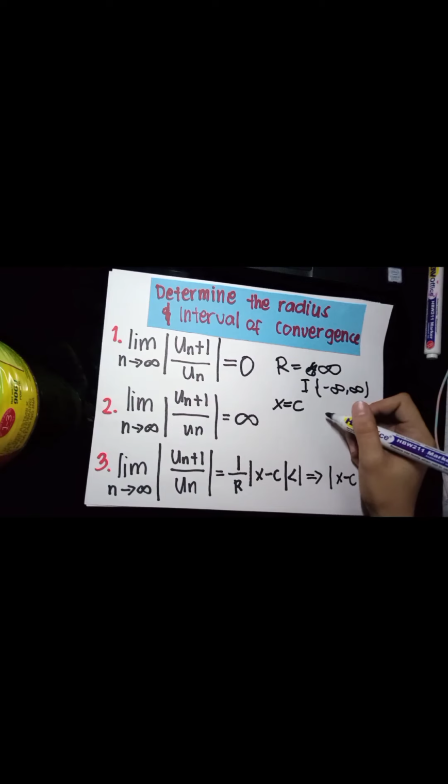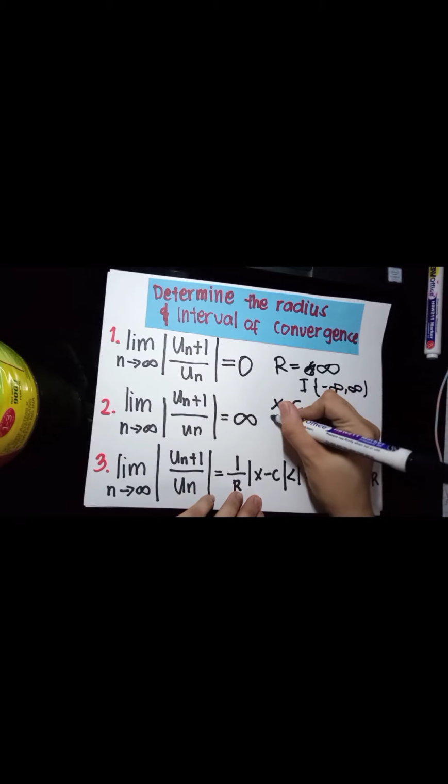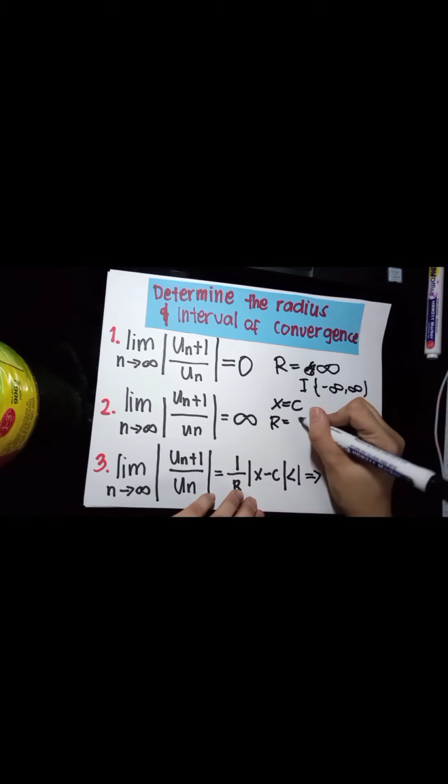But for all other x that is not equal to c, we're going to get infinity, and so the series will diverge for all other x values. For this particular x value, where x equals c, it converges, and the radius of convergence is equal to 0.